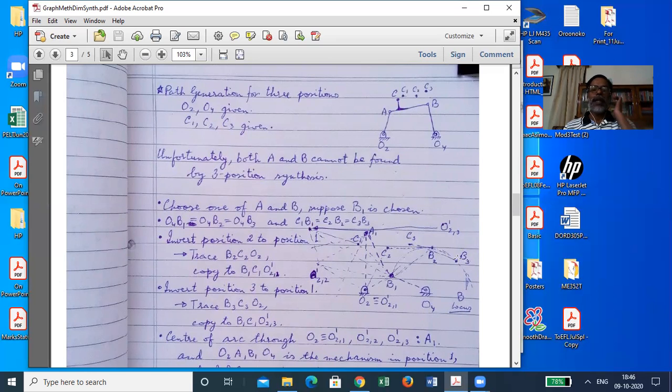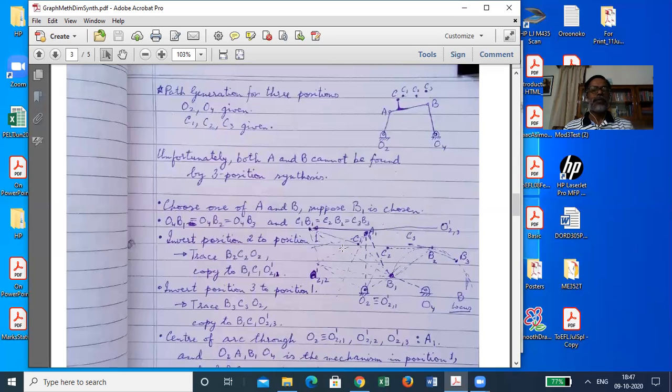Now that you have to locate A, so you see BC you have totally fixed because C was given, B you have fixed. Now A has to be changed, and that means it is the link 2 which has to dance. Okay, and you are going to fix this side.